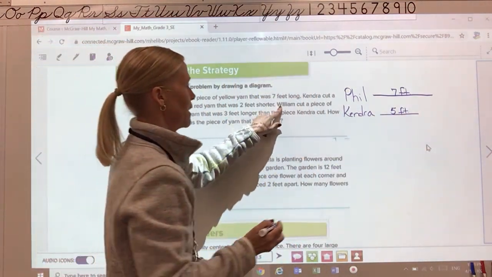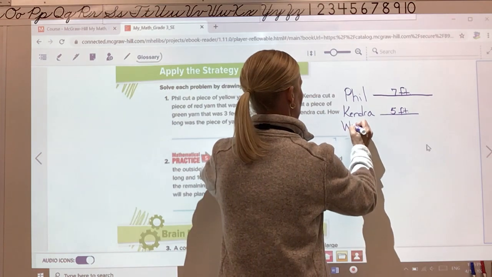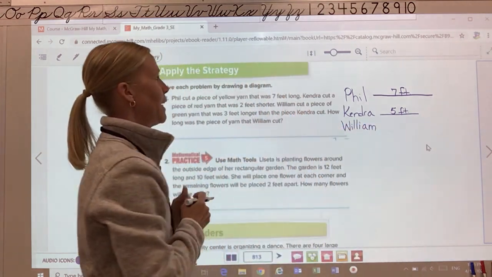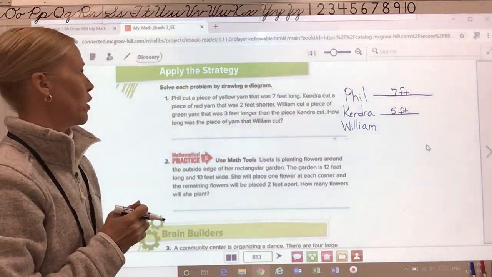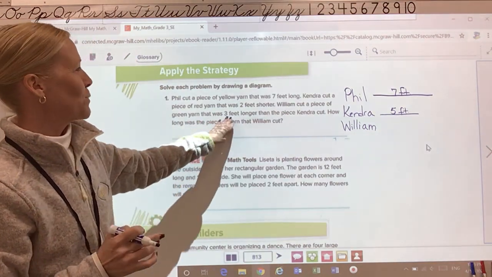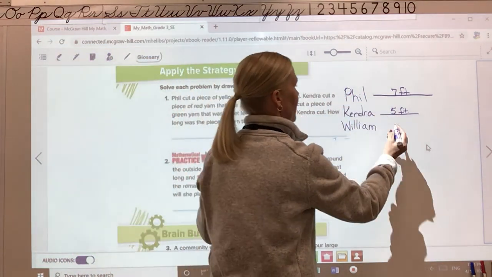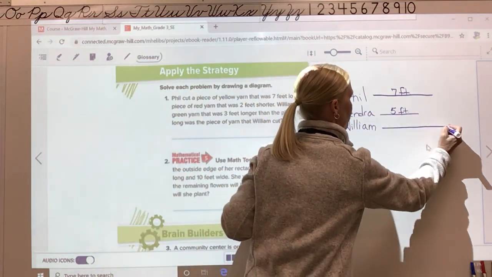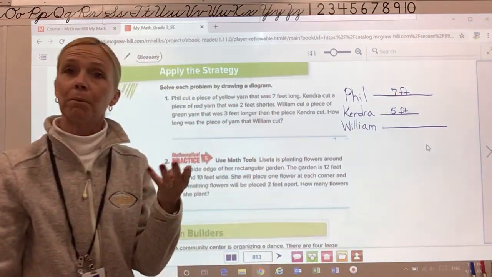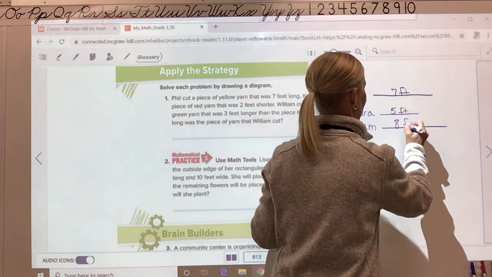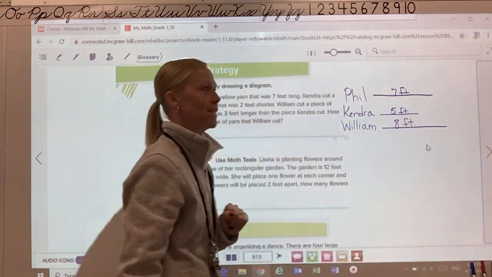Now William, he's our last one up here. William cut a piece of green yarn that was 3 feet longer than the piece Kendra cut. All right, so his was 3 feet longer. 5 plus 3 is 8. 8 feet.